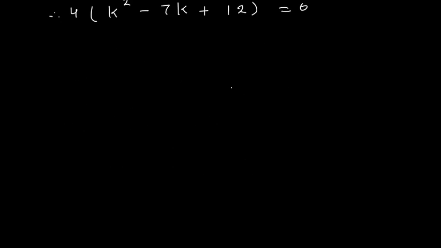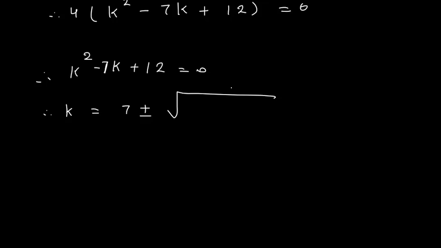Therefore we say that k square minus 7k plus 12 is equal to 0. So the value of k by the formula method will be 7 plus minus root of 49 minus 48, divided by 2 into 1.